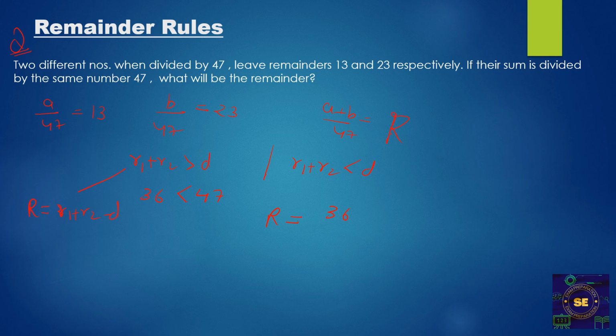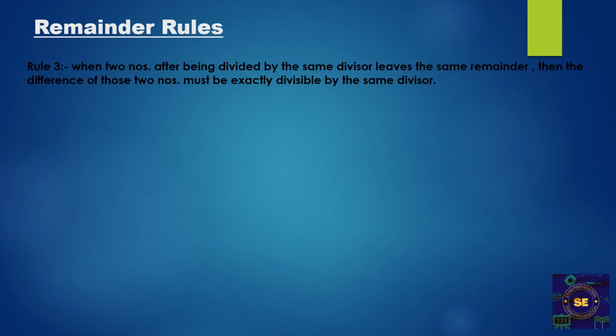Okay, so let's move to rule number 3. Rule number 3 says when two numbers, for example A and B, after being divided by the same divisor D, leave the same remainder, that is Q1 R by D and Q2 R by D, then the difference of those two numbers must be exactly divisible by the same divisor.